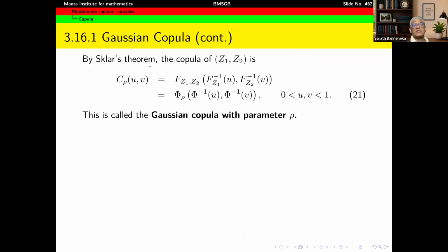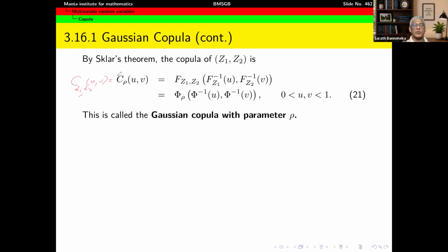So by Sklar's theorem, directly we can get the expression. In this case, instead of writing down C_{Z1,Z2}, we write down for short notation C_rho here. That's indicating the copula related to Z1, Z2. Right. So that's the same as, if we use the previous notation, C_{Z1,Z2}(u, v).